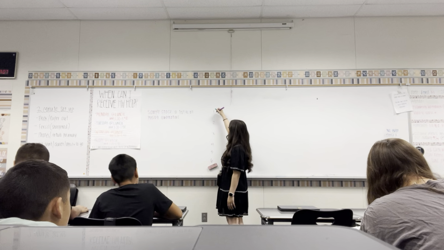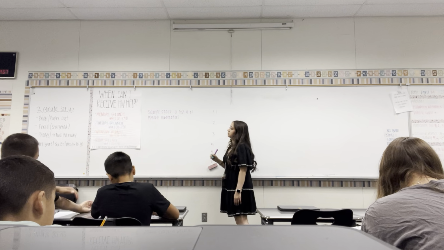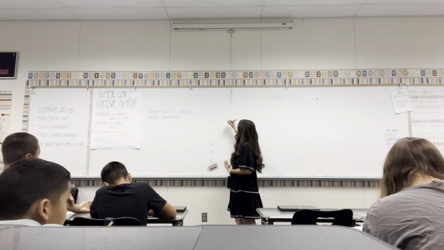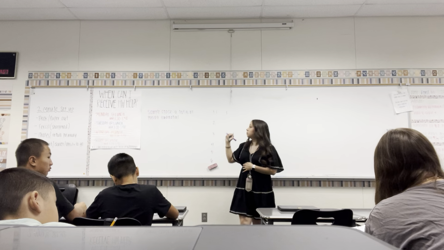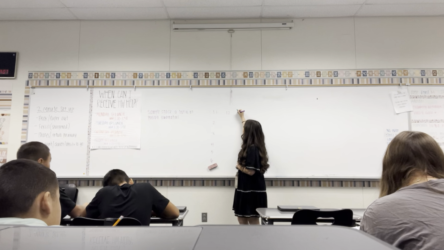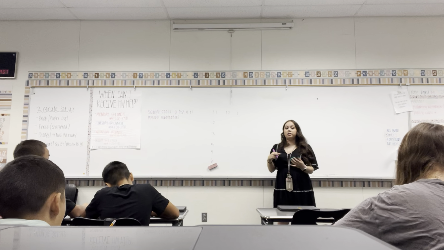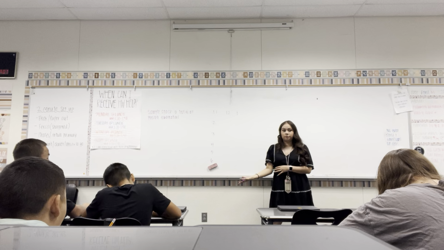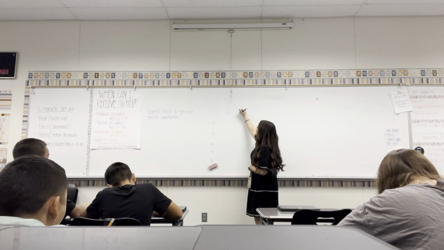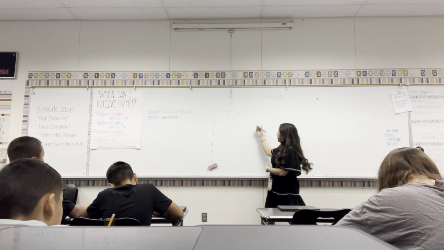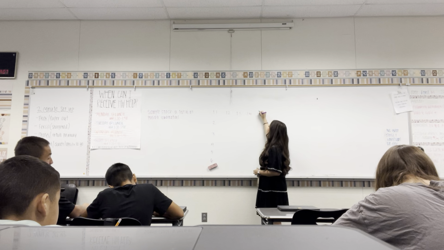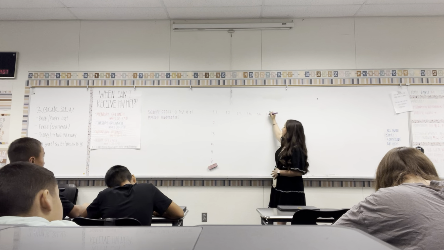So I could roll a 1, then another 1. But I could also roll a 1, then a 2. I could also roll a 1, then a 3. Do you start seeing the pattern? I could roll a 1, then a 4, a 1, then a 5, and then a 1, then a 6.